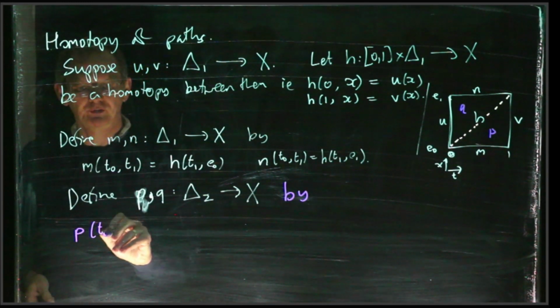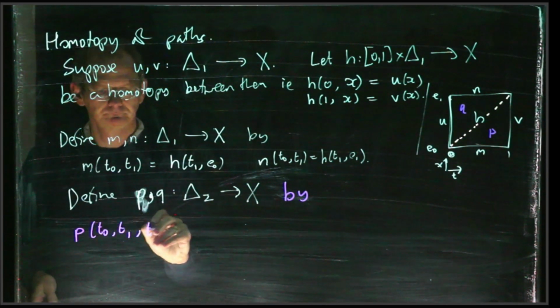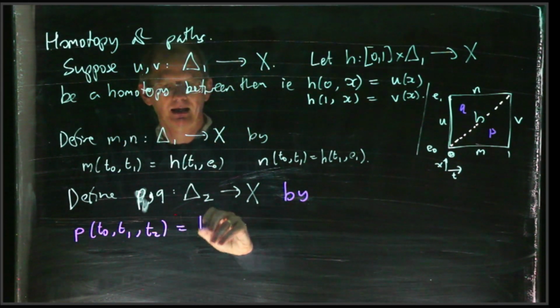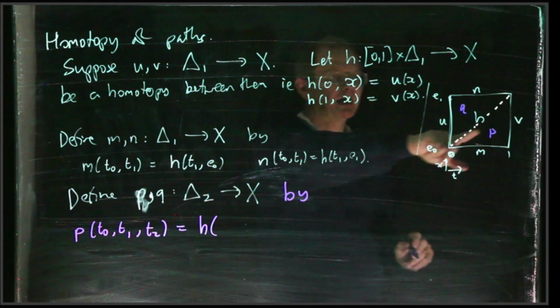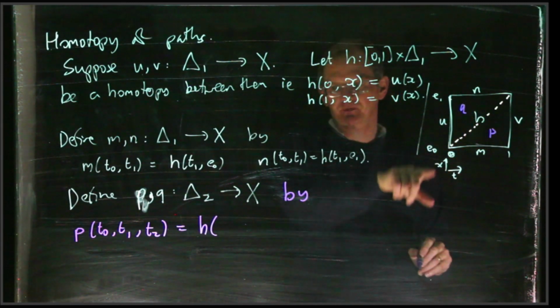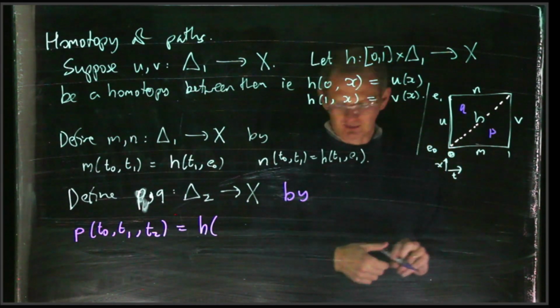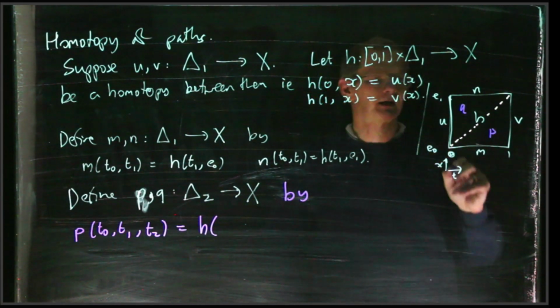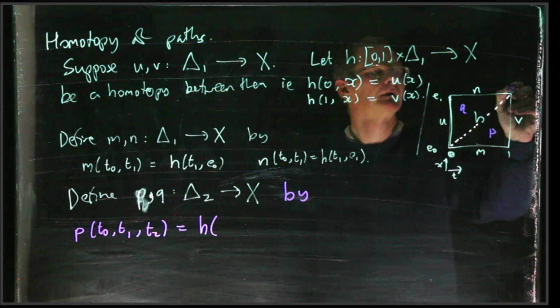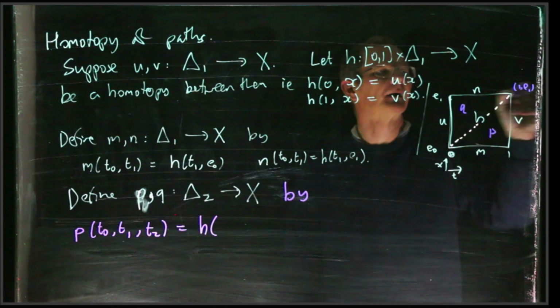So we're going to have P of (t0, t1, t2). It's going to be H applied to this bottom simplex here. This bottom simplex has the vertices 0, e0 here; 1, e0 here; and 1, e1 up there.